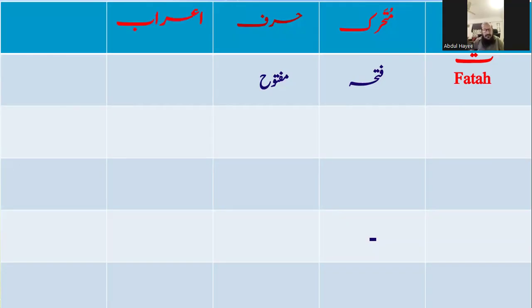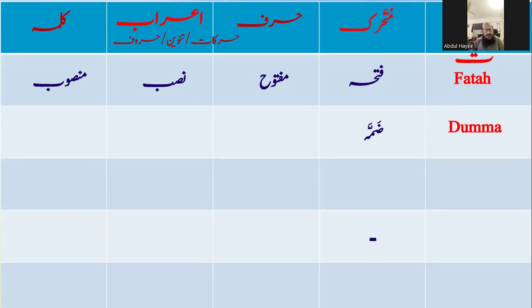When the same fatha is at the end of a word, then it is called i'rab. In i'rab, the fatha is not called fatha, it is called nasb. And the word then is called mansoob, meaning the kalima will be called mansoob. The second haraka is dhamma.